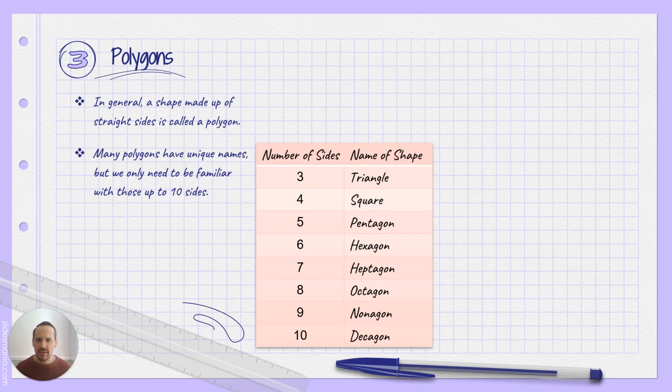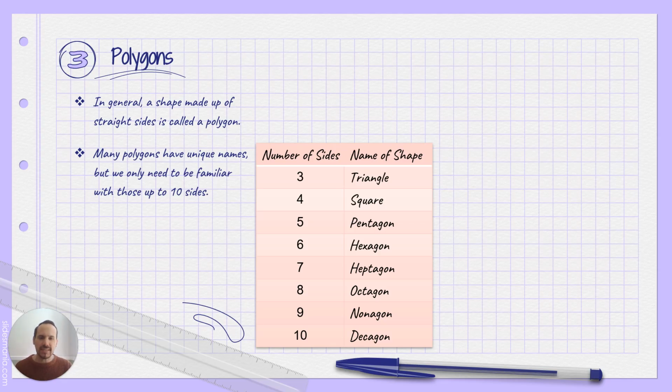So we've got a little list here that you want to make sure you're familiar with. Again, a lot of keywords here. Triangle, square, familiar with. What you want to do is be aware of the prefixes of those words. So you've got pen, hex, hep, oct, non, and then dec. Those prefixes literally mean 5, 6, 7, 8, 9, 10 respectively.